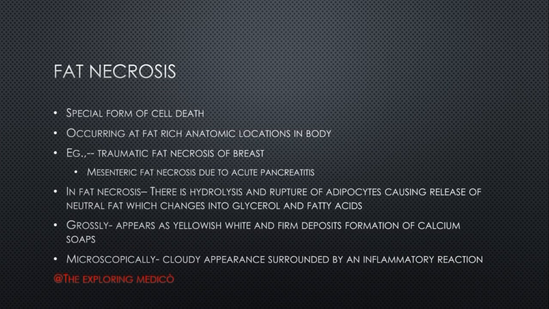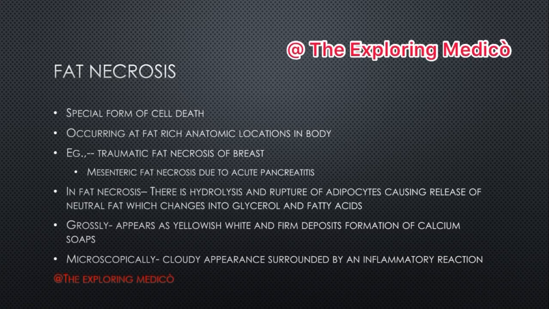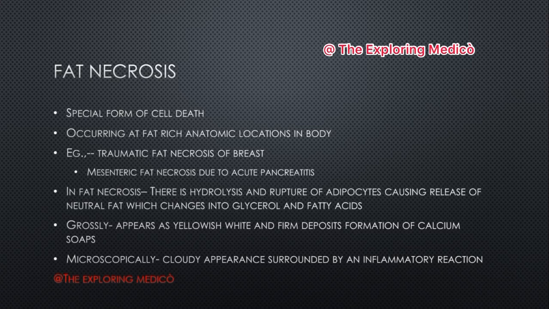Fat necrosis is a special form of cell death occurring at fat-rich anatomic locations in the body. For example, traumatic fat necrosis of the breast and mesenteric fat necrosis due to acute pancreatitis.